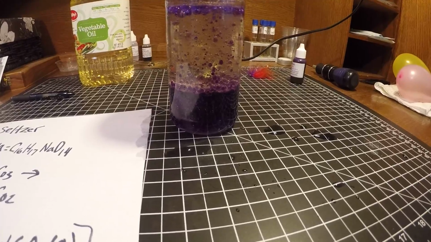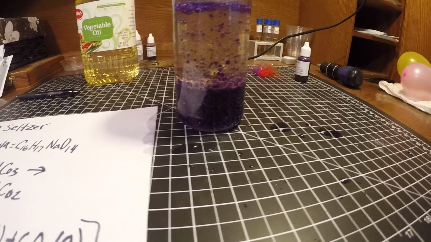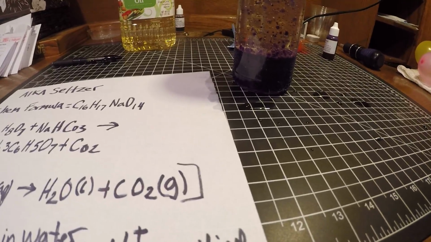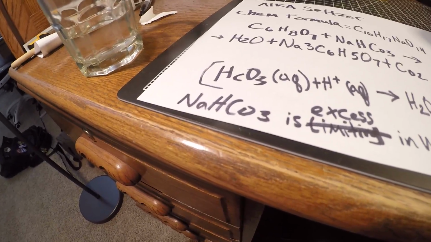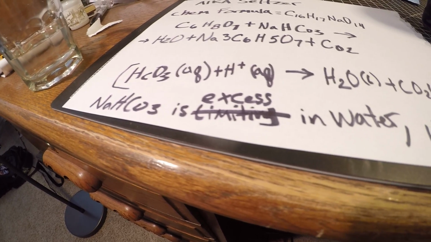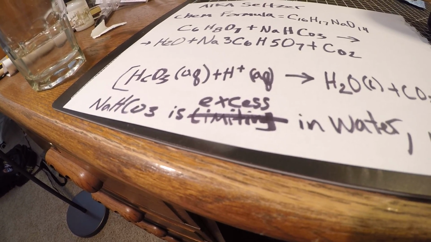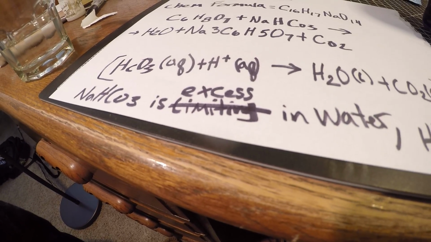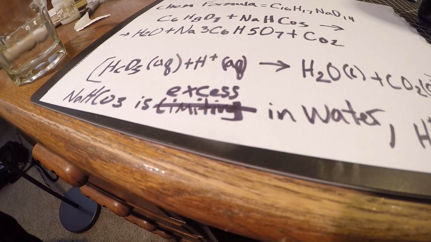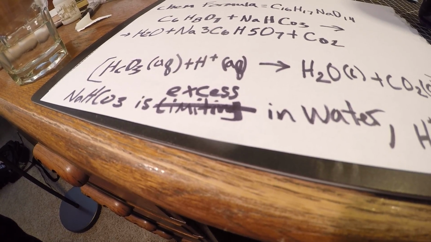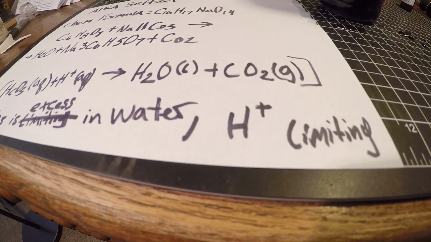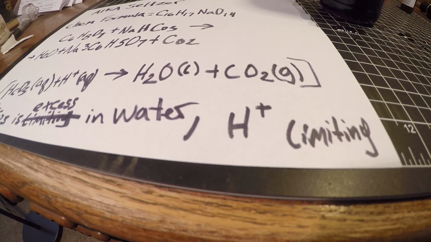They were testing for limiting reactants and how that all worked. So you have the bicarb, and that's actually in excess. When it's put into the water solution, it's going to be the excess reactant, whereas your acid is going to be the limiting.